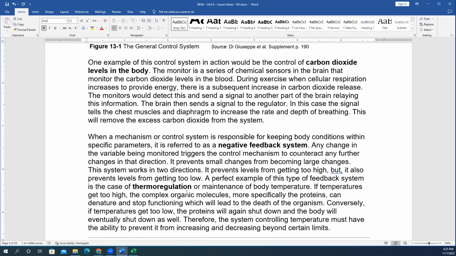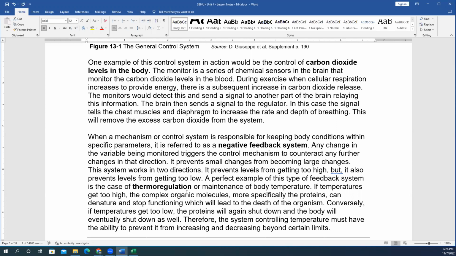So this prevents small changes from getting bigger and bigger. And so in this way, the system can work in two directions. It can prevent the level of what it's sensing from getting too high, but it can also prevent the levels from getting too low.